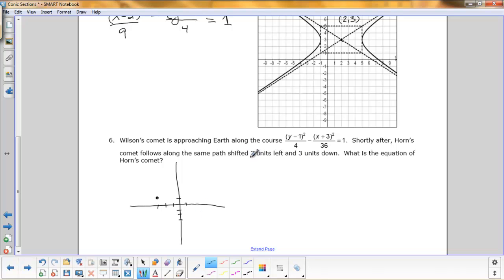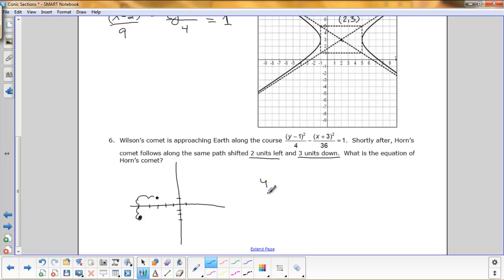Okay, now I'm going to shift it 2 units to the left and 3 units down. So I'm going to continue it to the left here, and then I'm going to shift 3 units down. 1, 2, 3. Placing it right there. That is going to be at -5, -2.